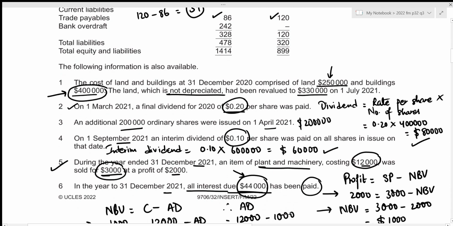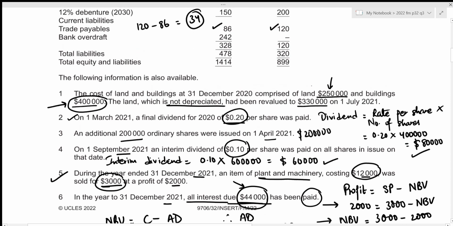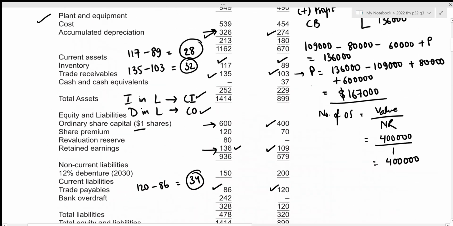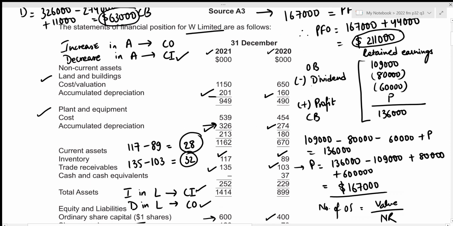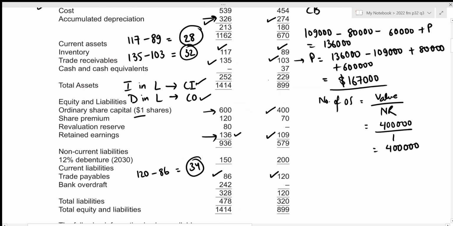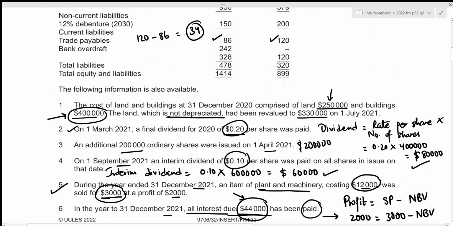Okay. Then let's have a look above. We're not told whether there was an addition or purchases of new building or machinery, but we can figure that out by comparing our cost at these two different dates. We can see that the cost at 31st December 2020 for land and buildings was 650, and we are told that out of this 250 belong to land and then 400 belong to buildings.